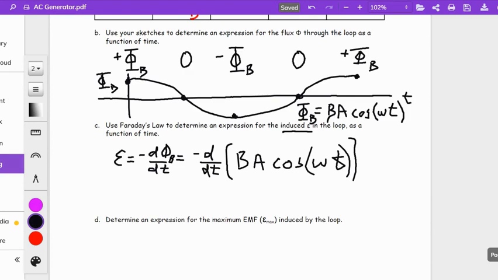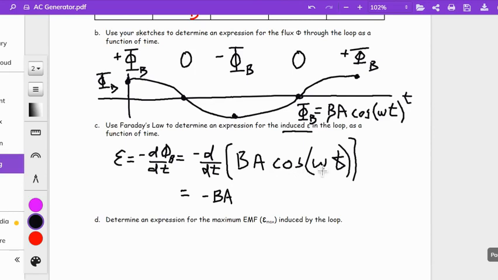And of course, B and A are constants here, so they come out, so you're going to end up with negative B times A. And when you take the derivative of the cosine function, what you end up with is the negative sine function. That's something you should know.